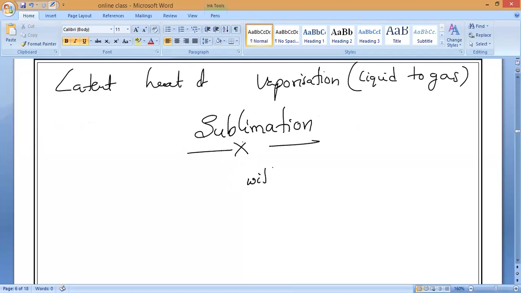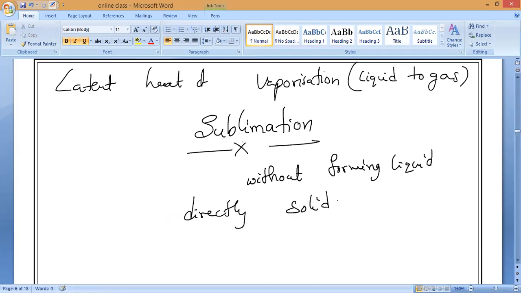That is called sublimation. Okay? So that is what you have to remember. Similarly, gas to solid, again without forming liquid, is also called sublimation only. Do you understand?